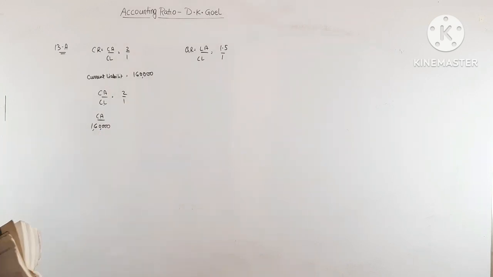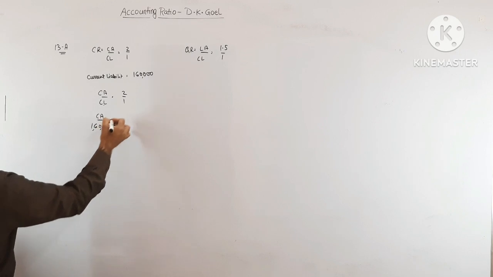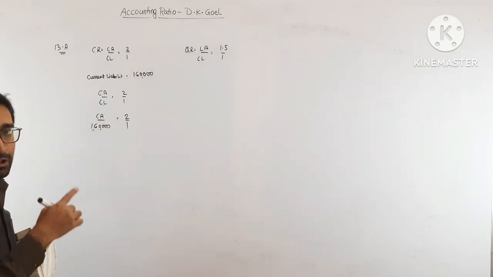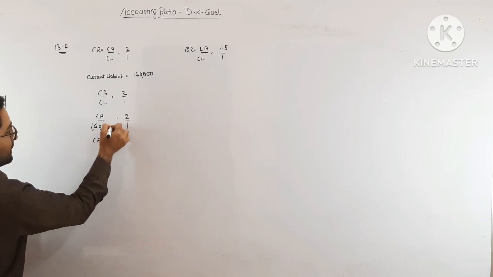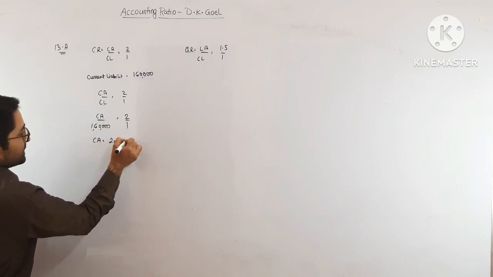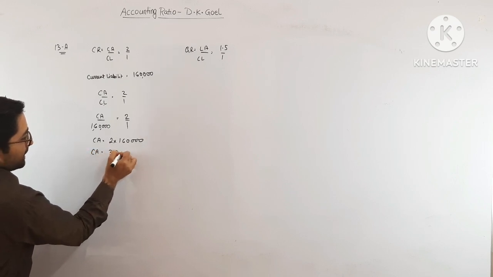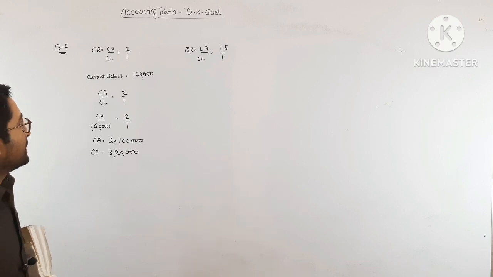Current asset upon 1,60,000 and the ratio is 2:1. Clear? So after cross multiplication, current asset will be 2 into 1,60,000, and the current asset will be 3,20,000. Clear?